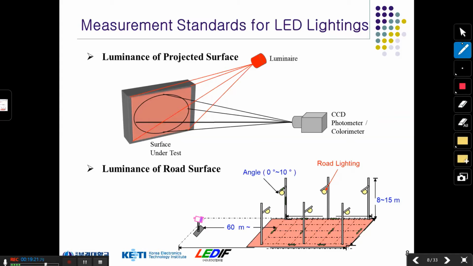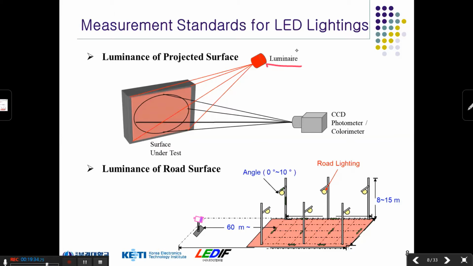Another measurement of luminance is luminance of a wide surface projected by a luminaire. If there is a surface like a wall spotted by a luminaire, the luminance of the wall is measured in the same method.